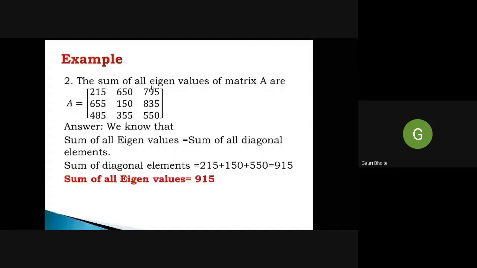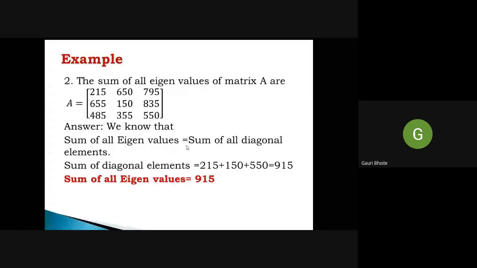Simple example: find the sum of all eigenvalues of matrix A, where A is given as 2, 1, 5, 6, 5, 0, with some large numbers. To find the sum of all eigenvalues of this large matrix is very difficult, right? So we are not finding any single eigenvalue. Instead, we use the property that the sum of all eigenvalues is the same as the sum of all diagonal elements.